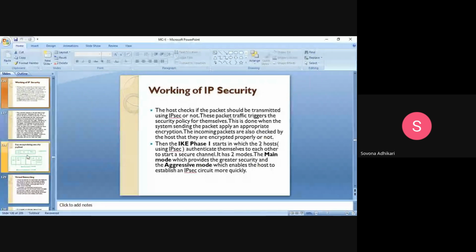IKE has two modes: the main mode, which provides greater security, and the aggressive mode, which enables the host to establish an IPsec circuit more quickly. So it has two modes in IKE phase 1.